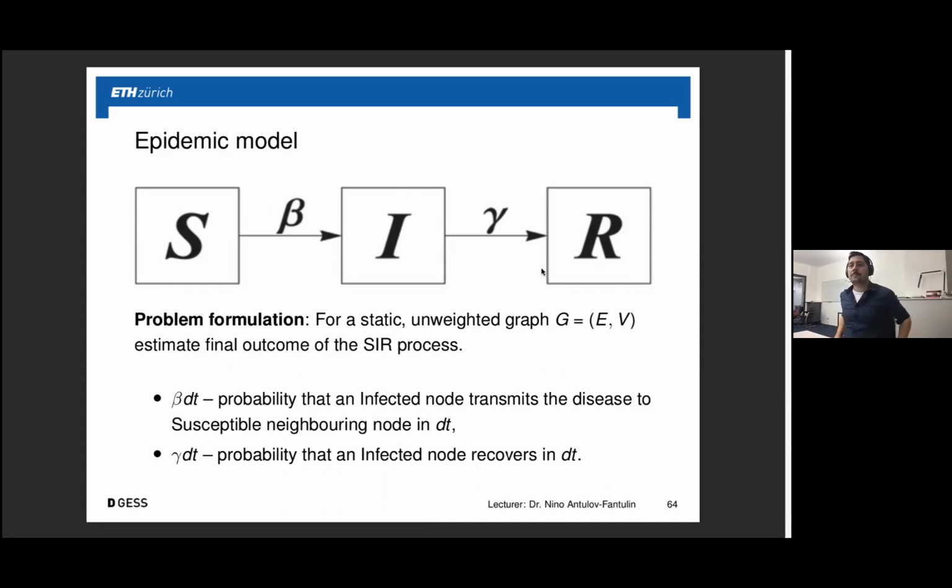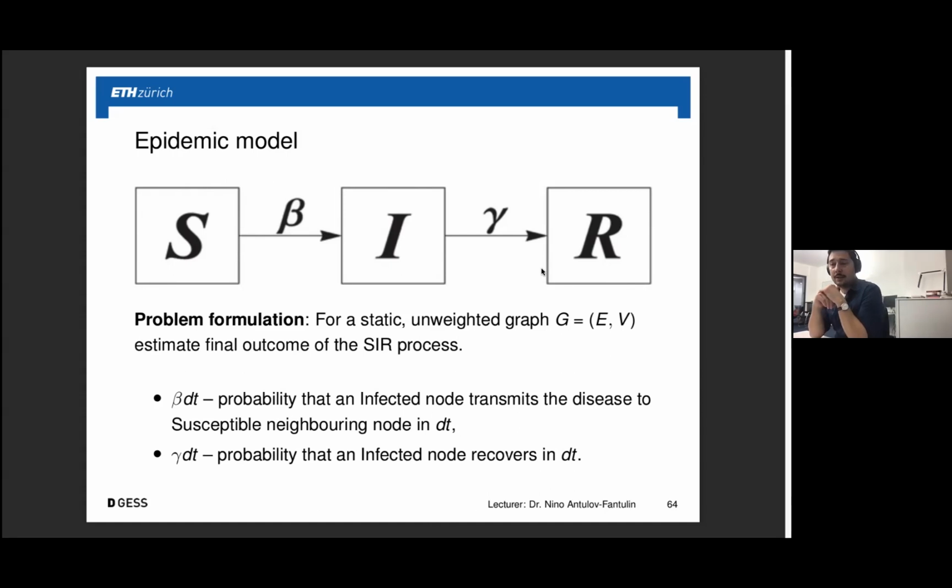Okay. So the problem formulation would be the following. For a static unweighted graph, estimate the final outcome of the process that is defined in the following way. Beta dt is the probability that an infected node transmits the disease to a susceptible neighbor in an infinitesimal amount of time, dt.